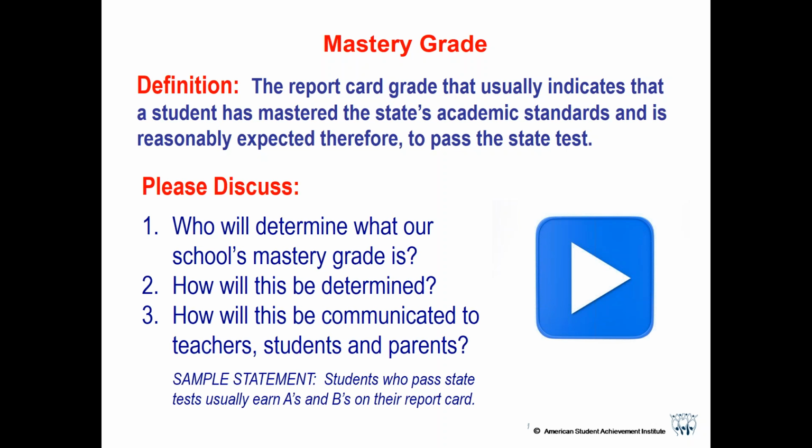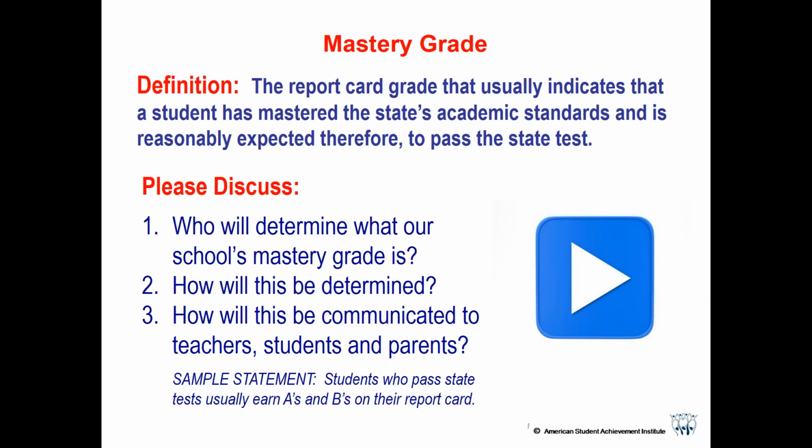So again, later as a steering team, you'll want to determine what your school's mastery grade is. And how are you going to figure that out? Is it going to be just the principal that says, okay, a B is a mastery grade, or is it going to be a group or your steering team, a different committee of folks, or how are you going to do that?